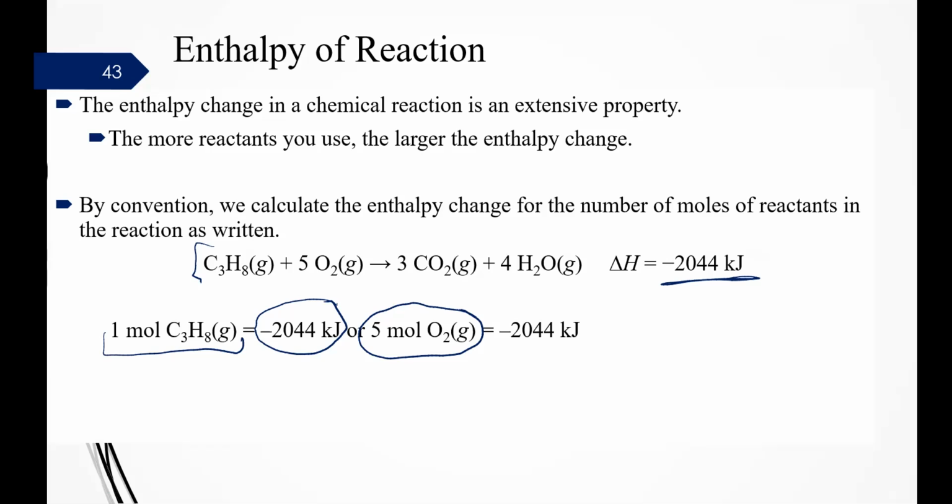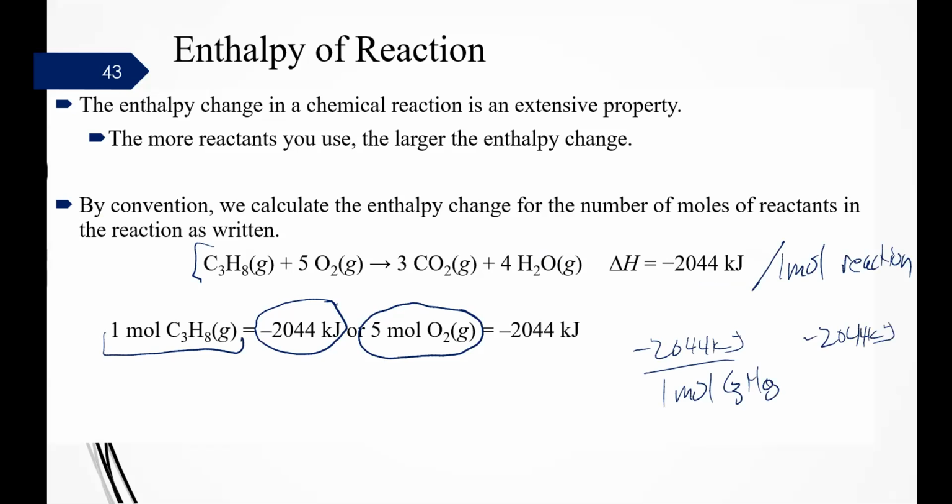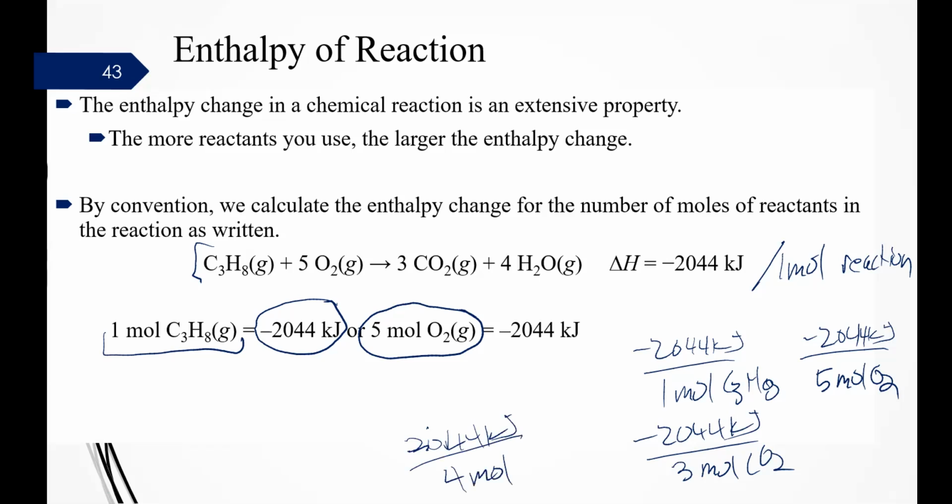So generally speaking, when we talk about enthalpies of reactions, we're talking about it per 1 mole of reaction, which in this case would be per 1 mole of C3H8 or 5 moles of O2 or 3 moles of CO2 or 4 moles of H2O, right?